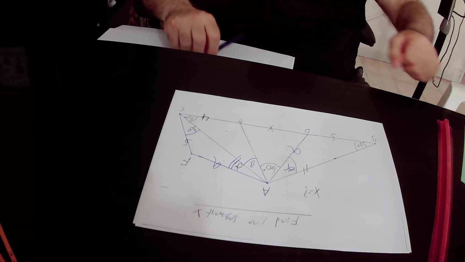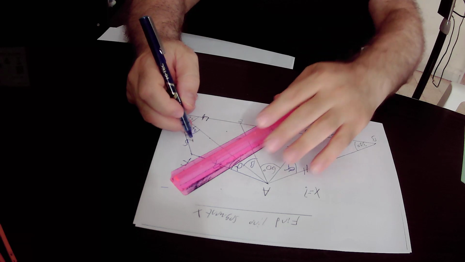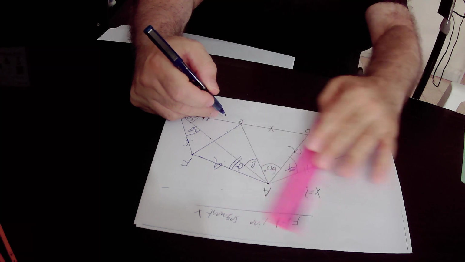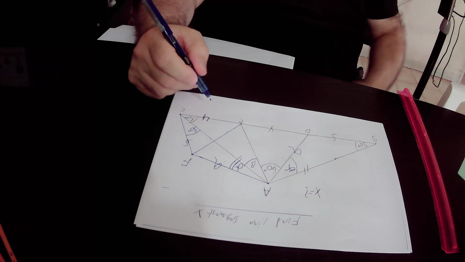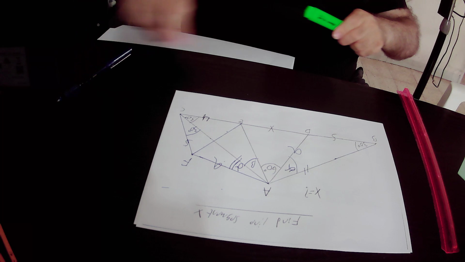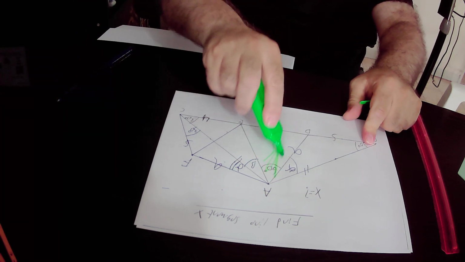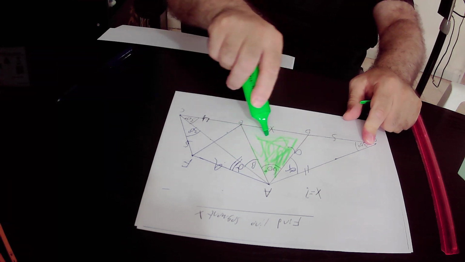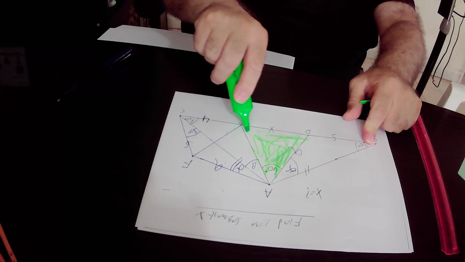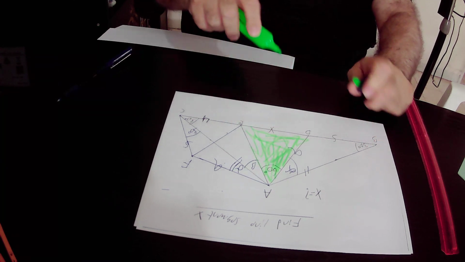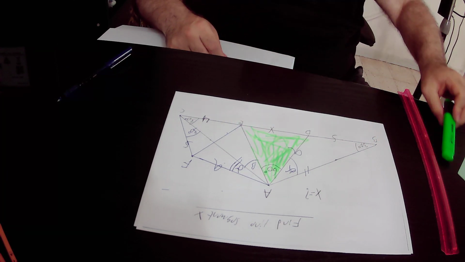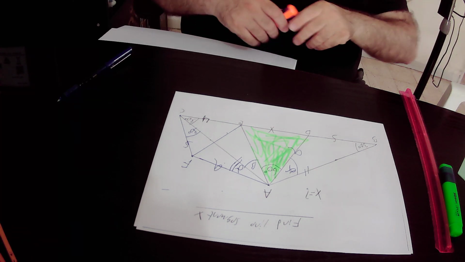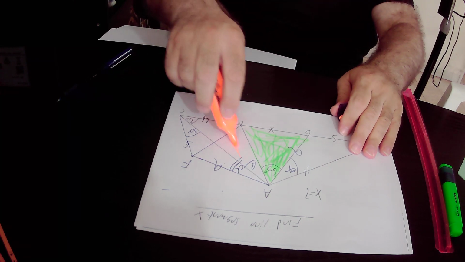In the next step, we will join points E and F together by a straight line. And we will prove that the green triangle, triangle ADE, is congruent to the orange triangle, triangle AEF.